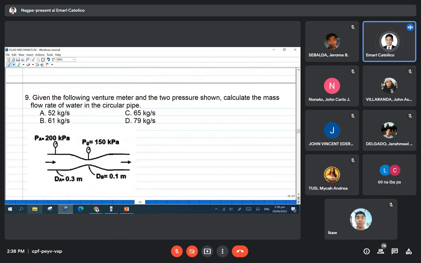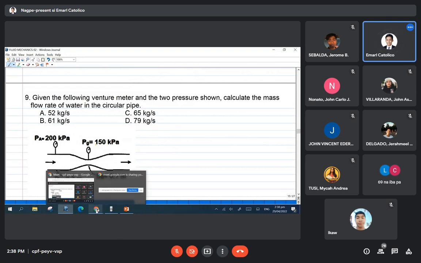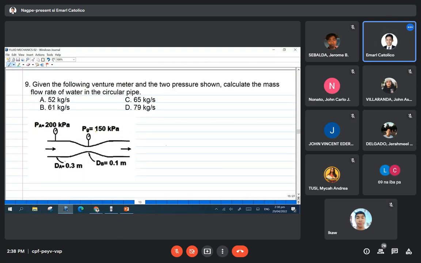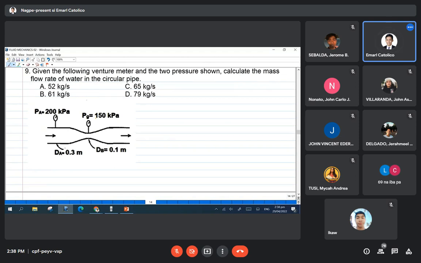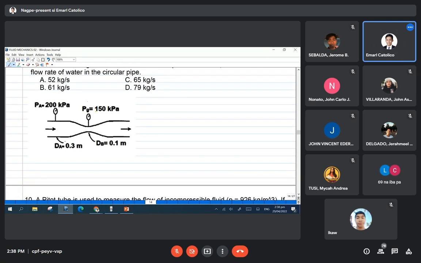Next item under differential ng Bernoulli's. So given the following venturimeter and the two pressure shown, calculate the mass flow rate of water in a circular pipe. Okay. So kunin muna natin si given. So at point 1, yan yung PA and DA.